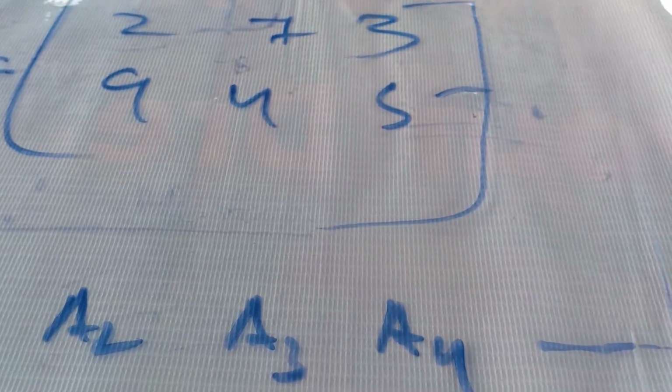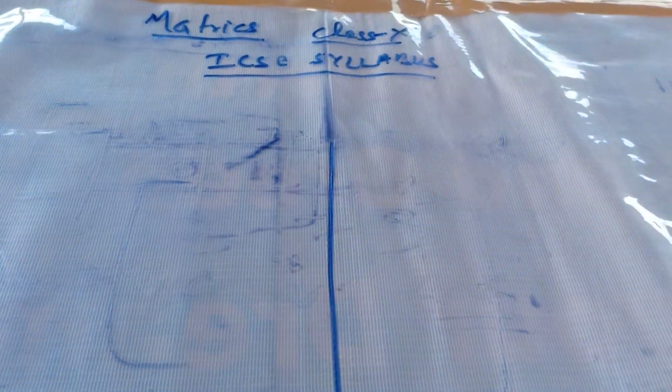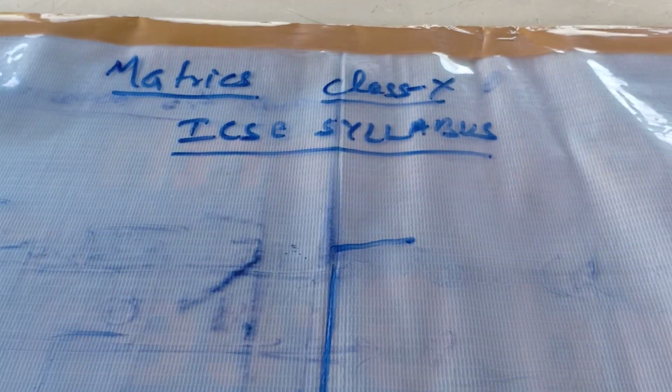Now let us discuss the general form of a matrix. Suppose this is a big matrix. I am going to explain the general form. There are other forms also, shortcut forms.